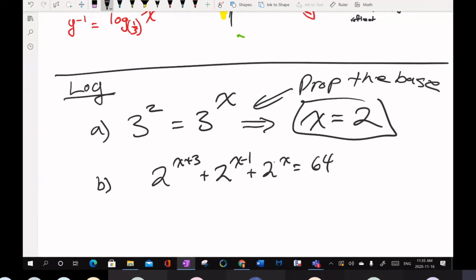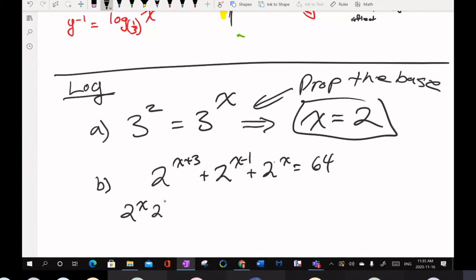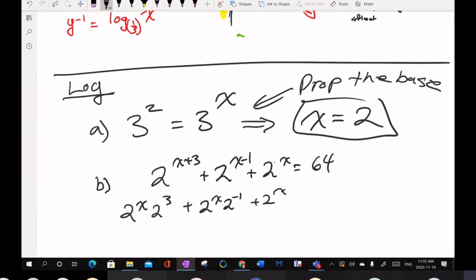I don't know, 64. So in order to solve a problem like this, you actually have to factor out a 2 to the x, because each of these really means 2 to the x times 2 to the 3, plus 2 to the x times 2 to the minus 1, plus 2 to the x is equal to 64.